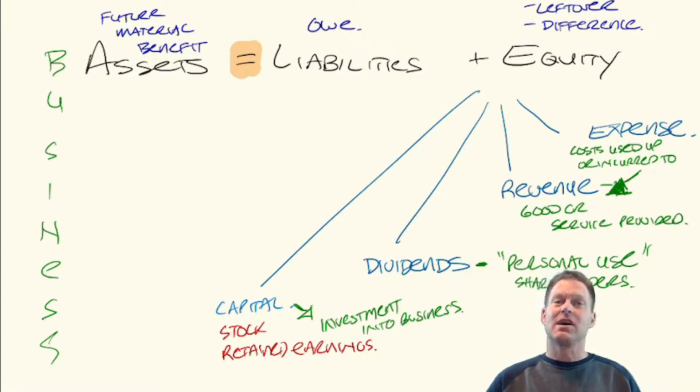What items of future material benefit does a lawn care company have? And you might go, well, gosh, they maybe have some cash or equipment or land or a building or maybe mulch, like supplies, inventory. All of that fits the definition of an asset, right? Items with future material benefit.